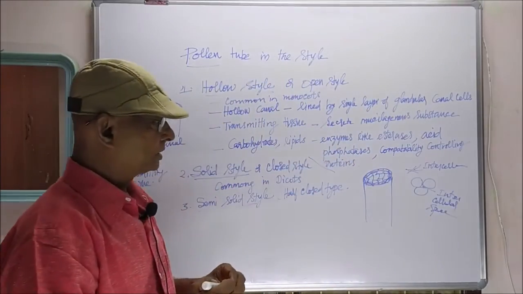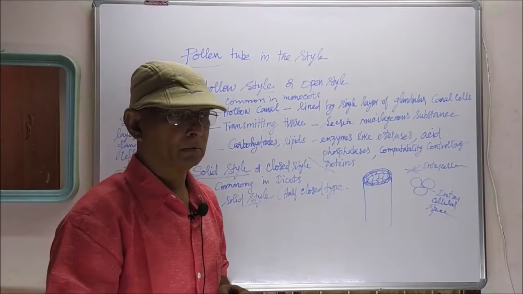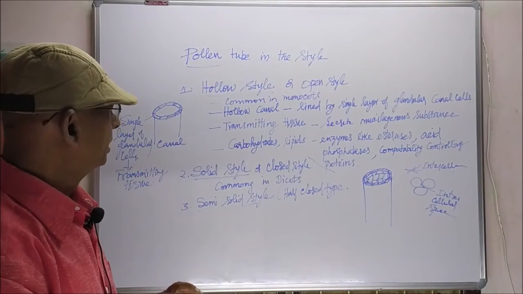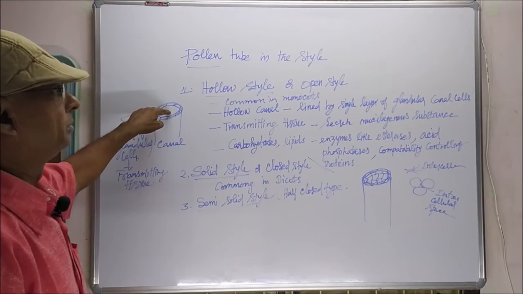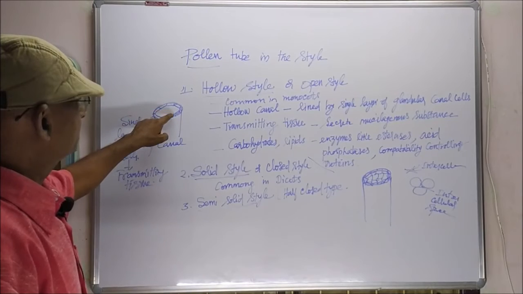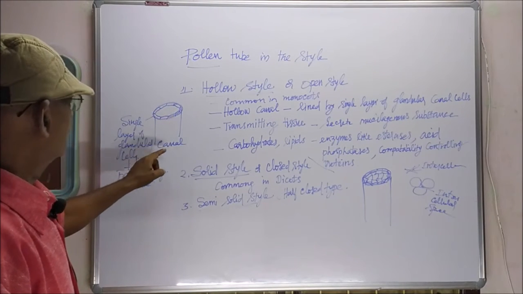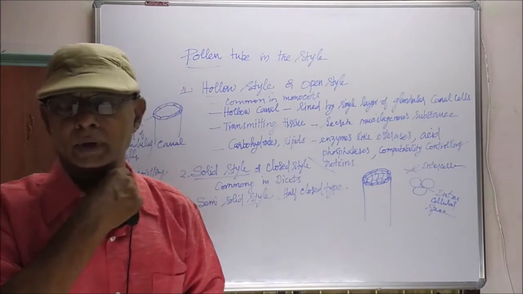So through the intercellular space of the transmitting tissue, the pollen tube grows and moves towards the ovule. But here that is not in the canal. The growth of the pollen tube takes place just lining with the glandular canal cells or transmitting tissue. So that is the only difference.